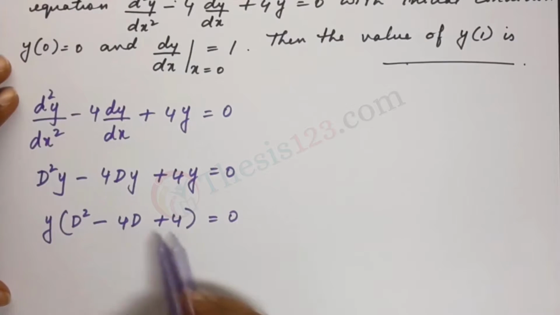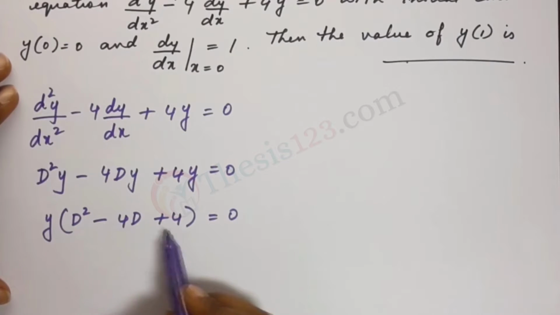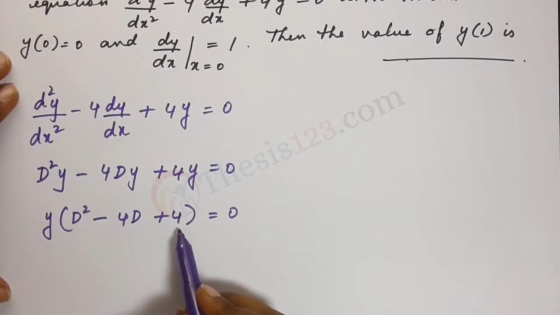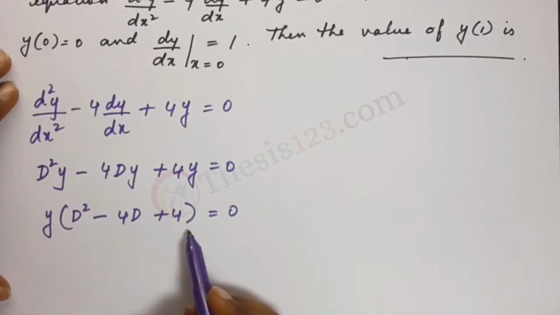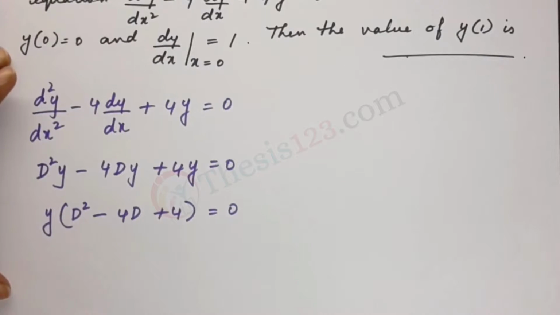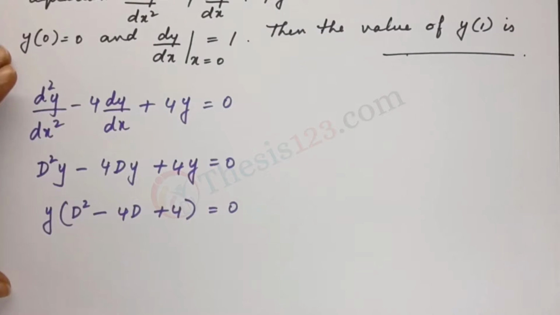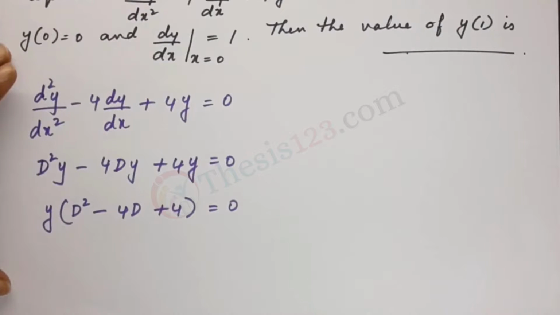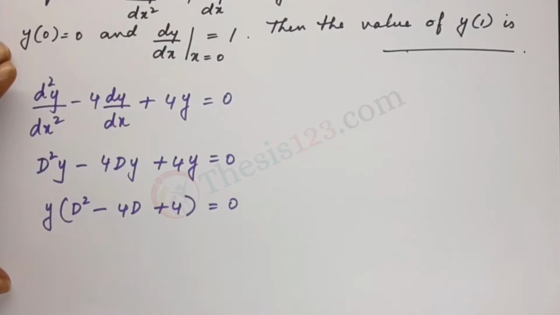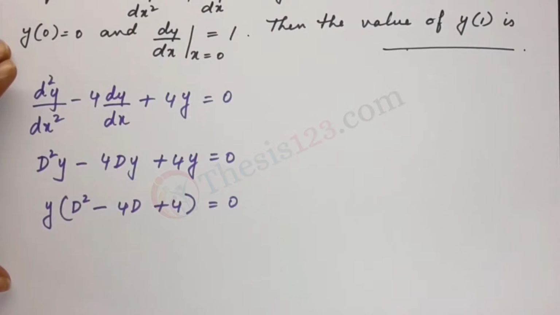We find the values of D from this equation, using just the normal factoring methods.